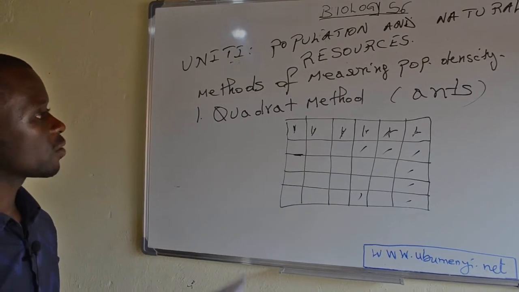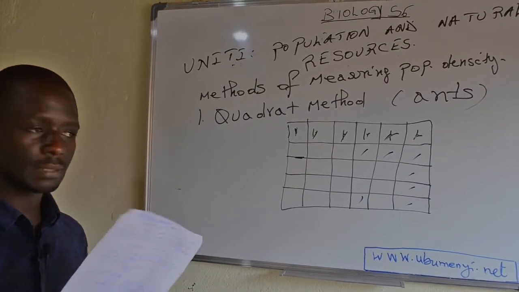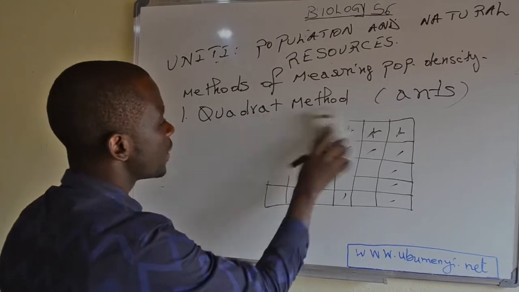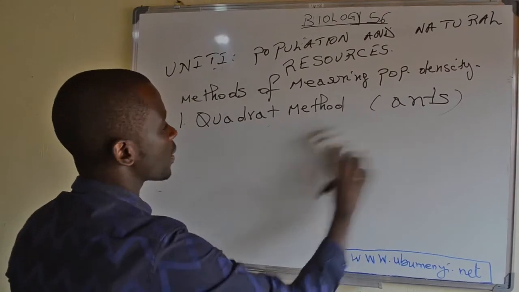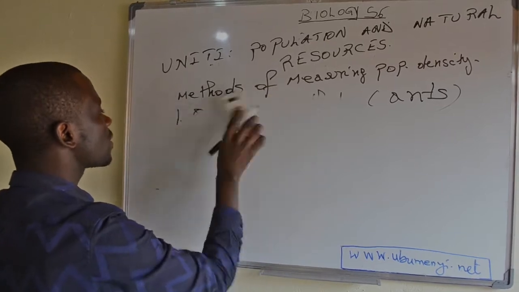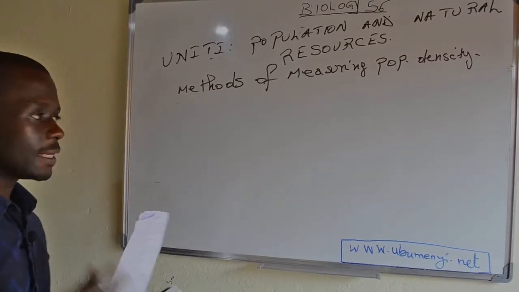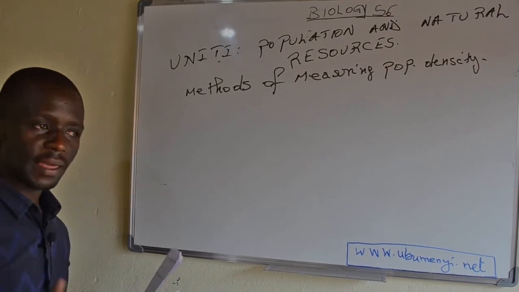This is the first method, using a quadrat. So I hope you are enjoying the lesson. This is what we call the quadrat method: using a quadrat with squares.